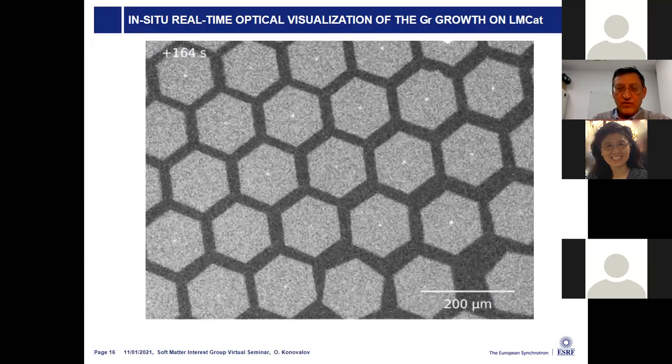On this microscope, what we see is a radiation difference between the copper, which is black in this case, and the graphene, which is more white. And this is really one atomic layer of graphene on copper. So then even without X-rays, with optics, we can characterize the speed of the growth, the shape depending on different growth conditions, and with Raman we can see the internal defects in the graphene.